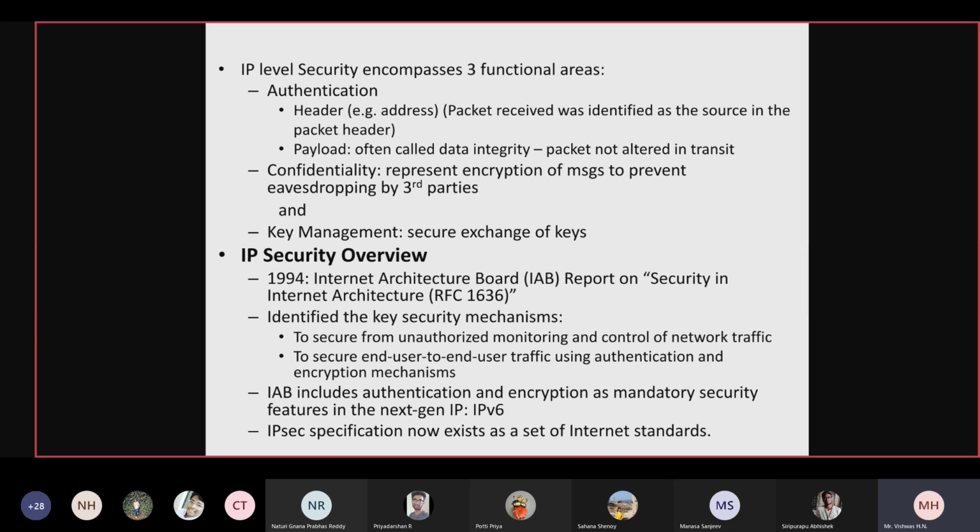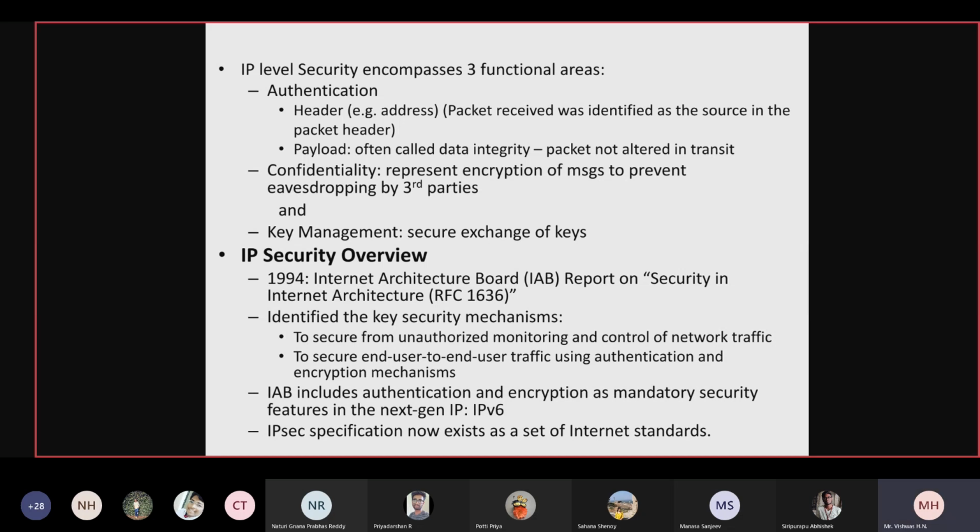IPsec is similar to that. But compared to SSL or Kerberos or any other security services, IPsec provides a very good key management strategy. Is that clear? So that's one additional point in IPsec. We will see later how IPsec provides this key management.